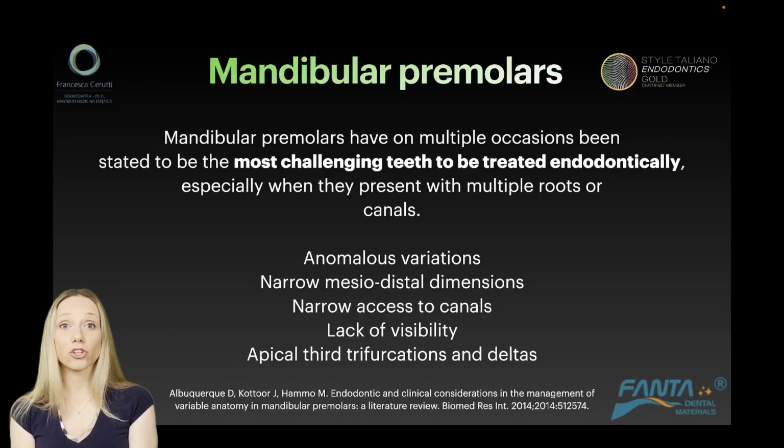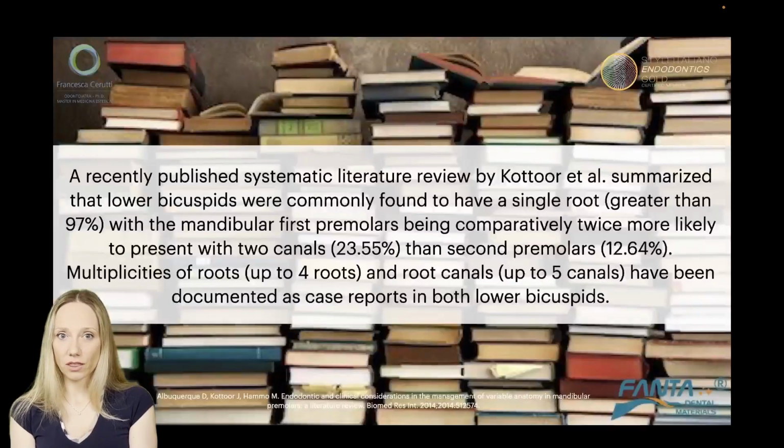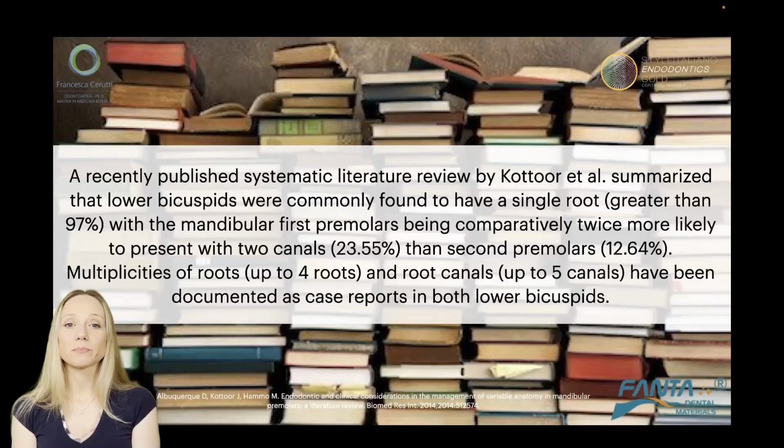And they can have a lot of apical third bifurcations, trifurcations, deltas. And then if you have no armamentarium, no microscope and no skills, it's extremely difficult to treat these kinds of teeth correctly. So a recently published systematic review of the literature summarized that lower bicuspids commonly have one single root.